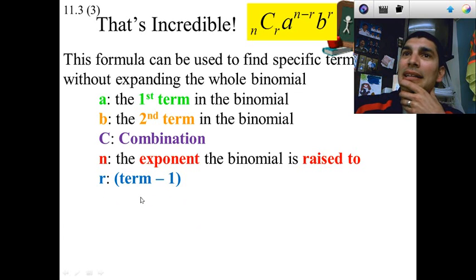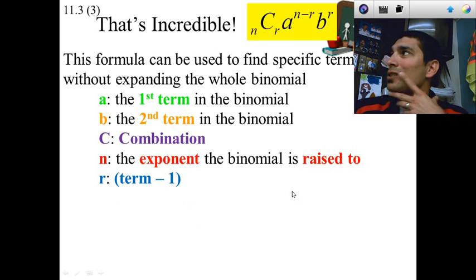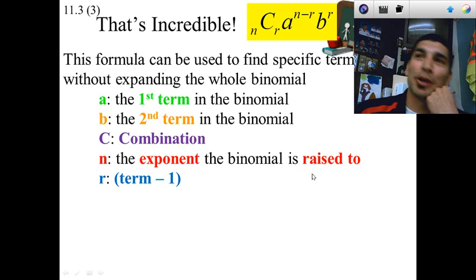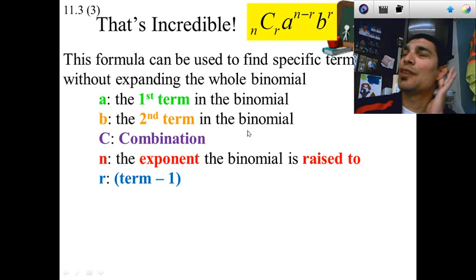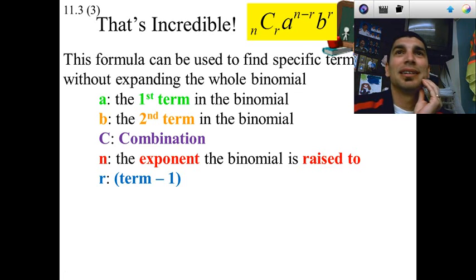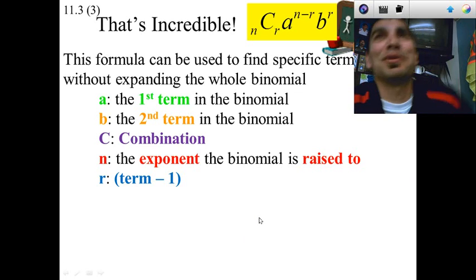Just write that down real quick. You will find out in a moment. I'll explain. R is equal to term minus 1. And your formula in Cranberry. Isn't that in Cranberry? You can think in Cranberry. I don't know. Doesn't really work for me. It's in Cranberry. Okay? If you remember it, that's all that matters.